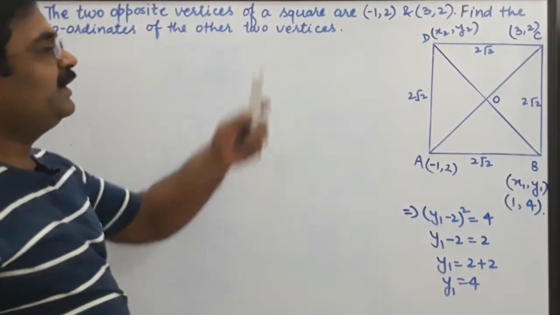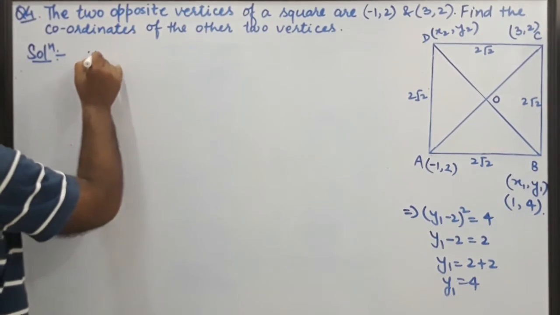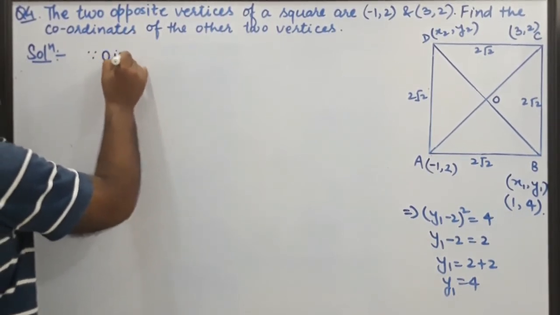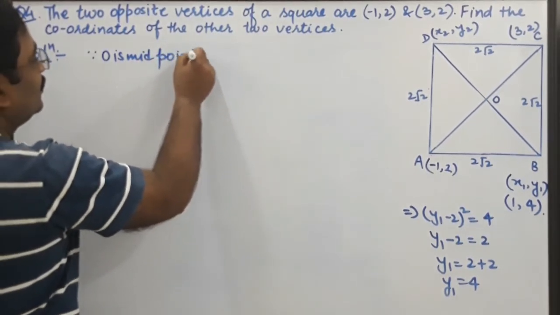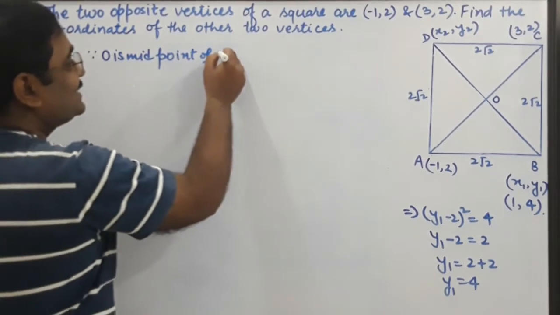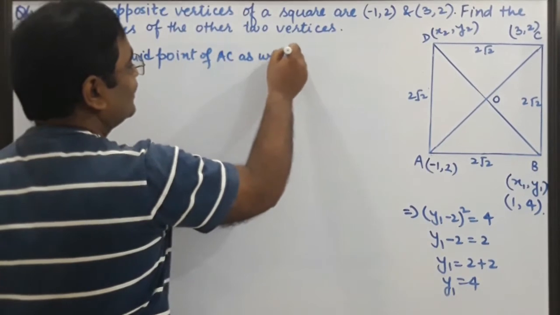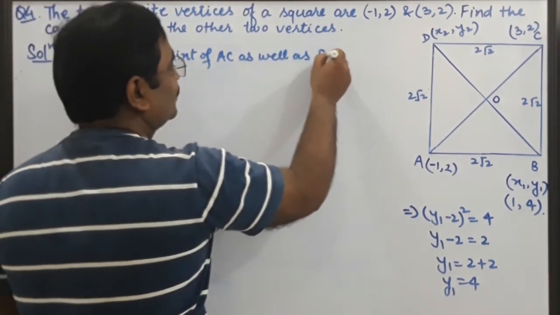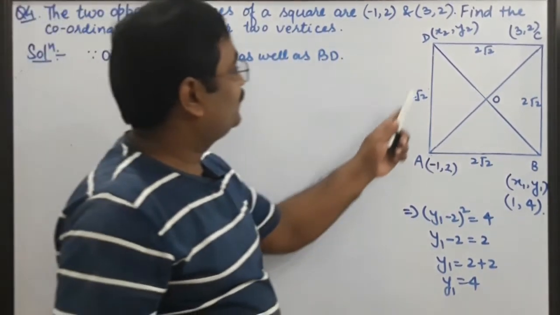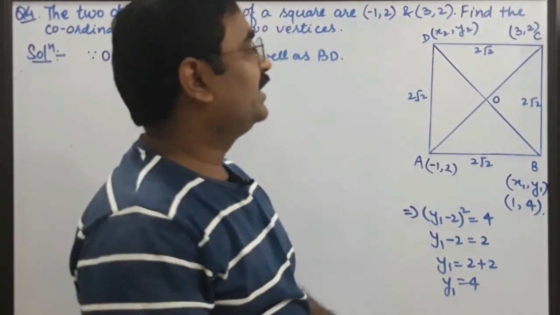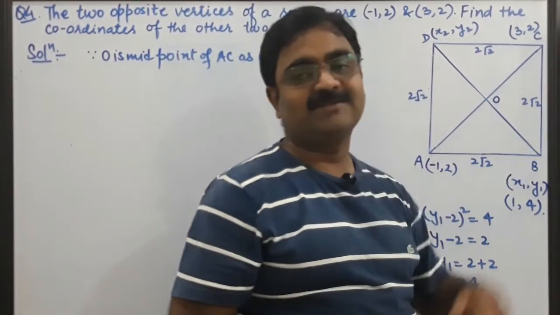Now to get the coordinate of point D, since O is midpoint of AC as well as BD also, we will take this point O as the midpoint of BD as well as AC.